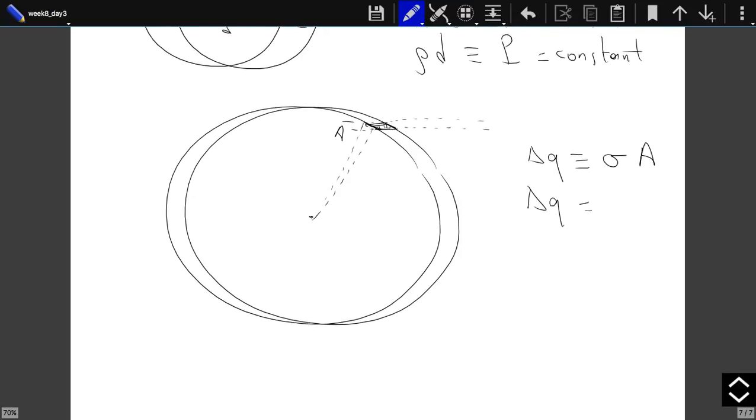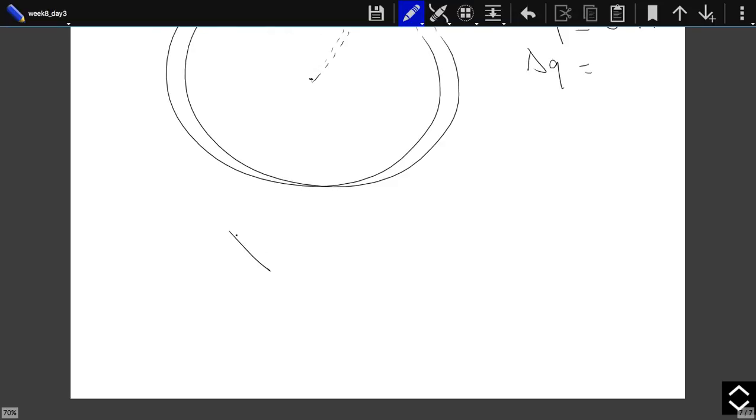Well, let me replot it. This is my area A. First of all, I need to determine the volume. What is that length? You see, I have these two spheres.